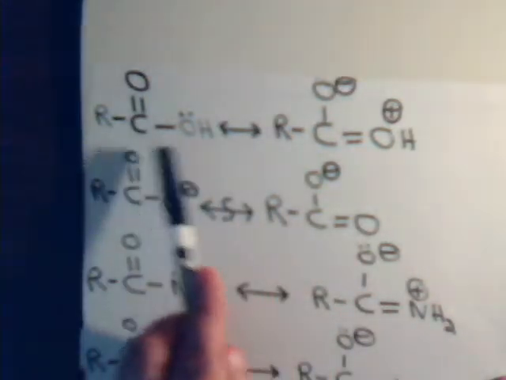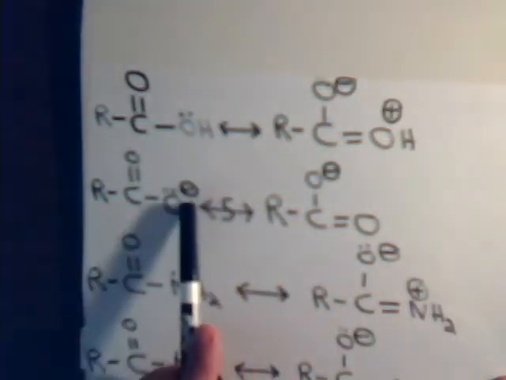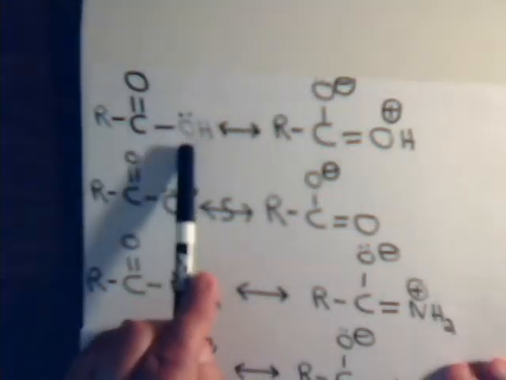Therefore, the carboxylic acid is very motivated to shed that proton, form the anion, and have this superior resonance. Now, what happens instead of having an oxygen here, we have a nitrogen.